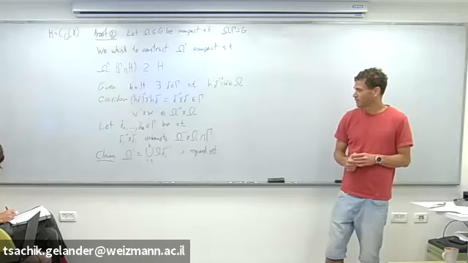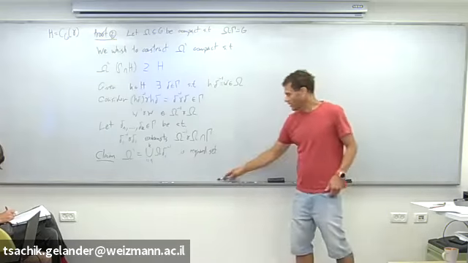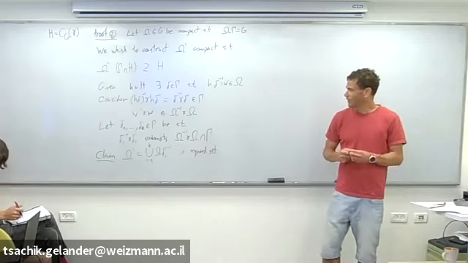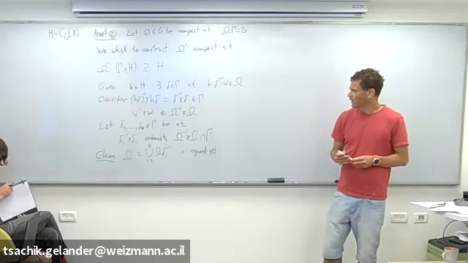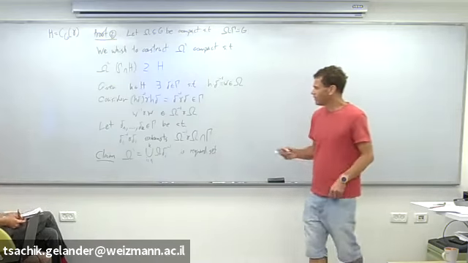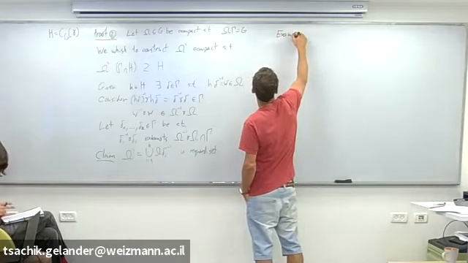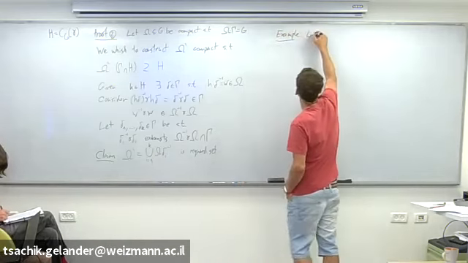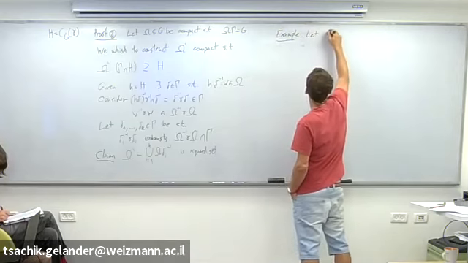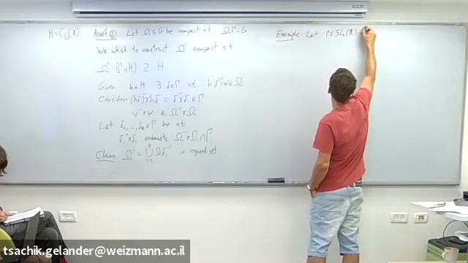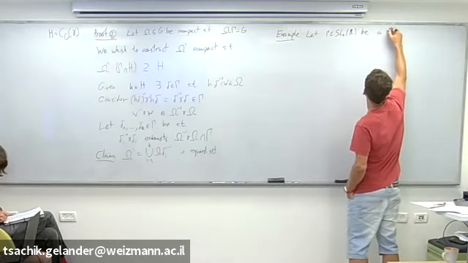So let me give some consequence of this. Example: let gamma inside SL_n be a uniform lattice.